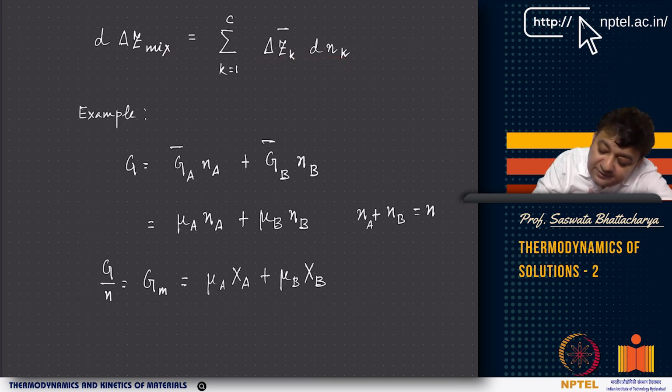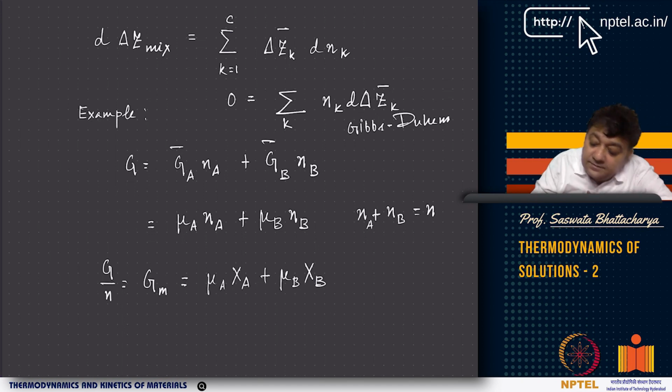What we have also now understood is that the summation over K of NK d delta ZK bar equals 0, and this is called Gibbs-Duhem for any molar property.